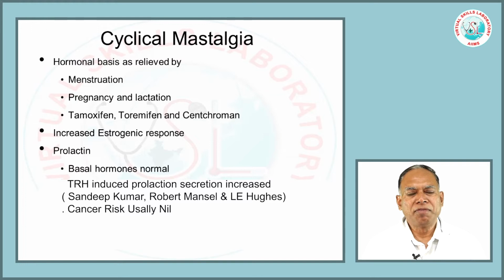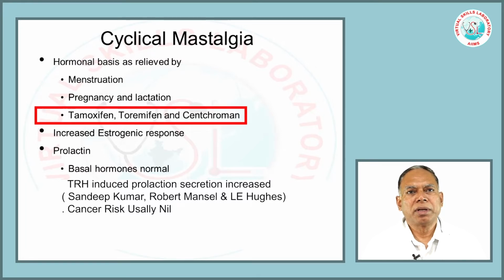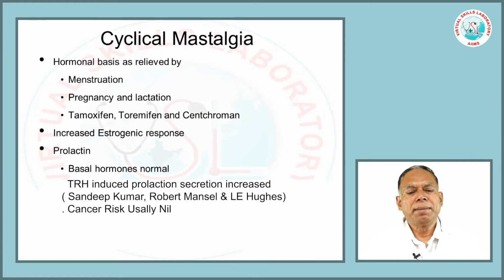It is often relieved by pregnancy and lactation, and it is also relieved by drugs which interfere with the estrogen levels, such as anti-estrogen drugs, Tamoxifen, Toremifene, and Centchroman. Although the blood levels of estrogen and progesterone are not elevated in the majority of these patients, there is perhaps an increased estrogenic response of the breast tissue to the circulating level of the hormone.